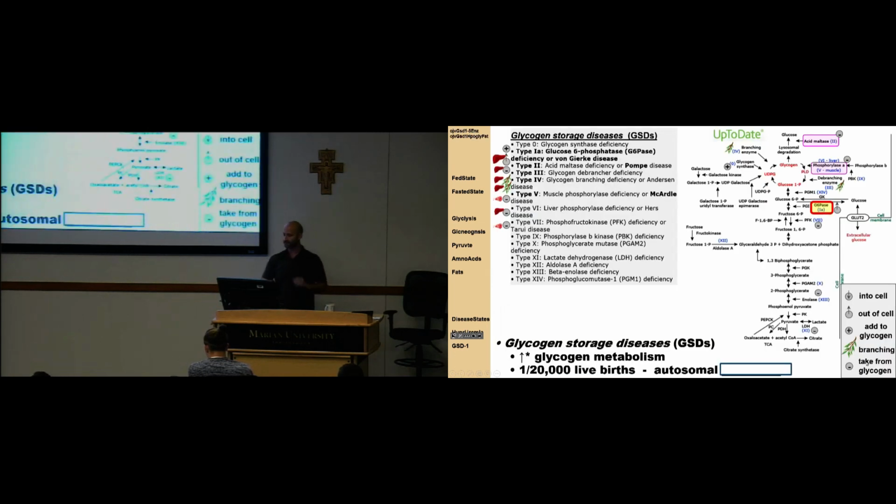Okay, so we're going to be talking about glycogen storage diseases, GSDs, okay? And the objective ones that I'm requiring you to know are type 1 through type 5. I'm going to specify that a little more, right? I'm giving you all of them just so you can see them. These are the only ones I can test on.